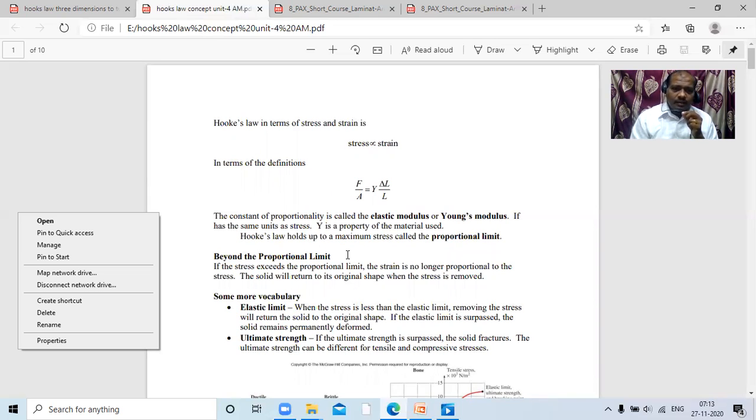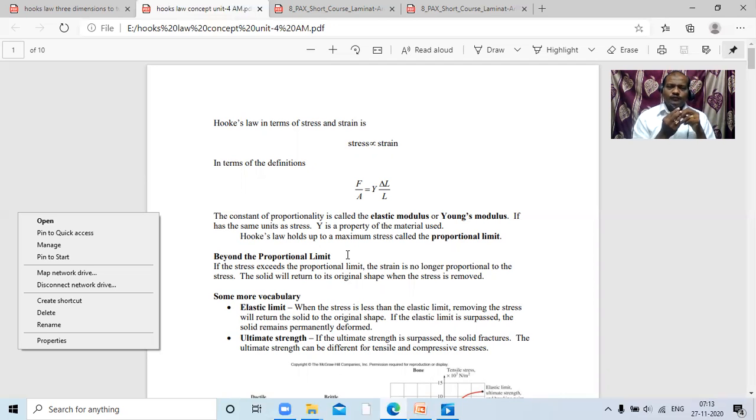Next, the elastic limit. When the stress is less than the elastic limit, removing the stress will return the solid to its original shape. If the elastic limit is surpassed, the solid remains permanently deformed.